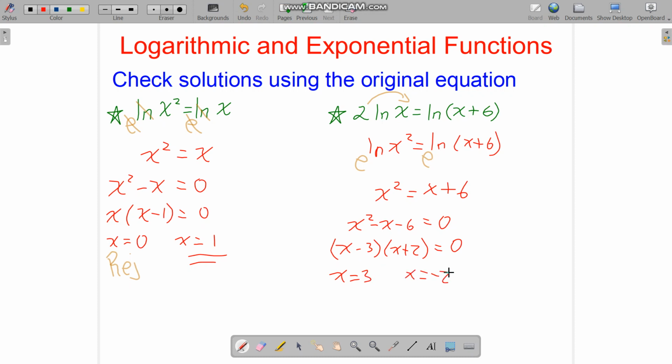But as you can see, when you plug in minus 2 here, you'll get an error, so this must be rejected. Now remember that we have to check using the original.